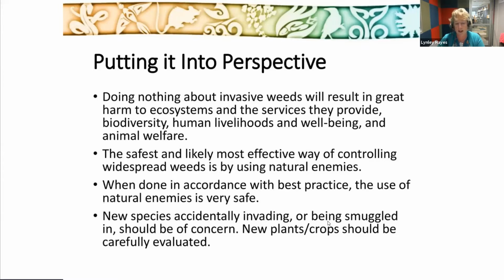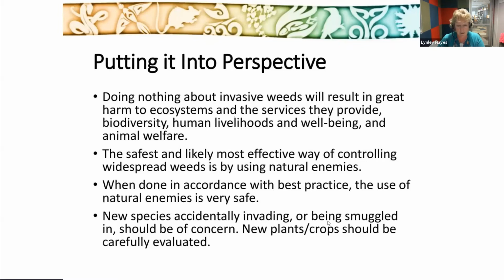We know that the safest and the likely most effective way of controlling widespread weeds is by using the natural enemies. And when we do this in accordance with the best practice, which we totally promote, we're not interested in doing anything other than best practice, it is very safe.